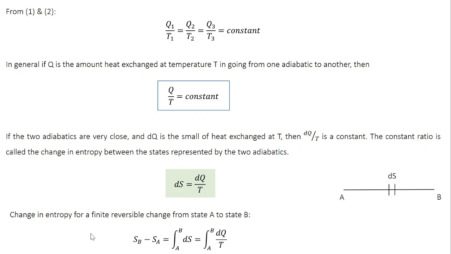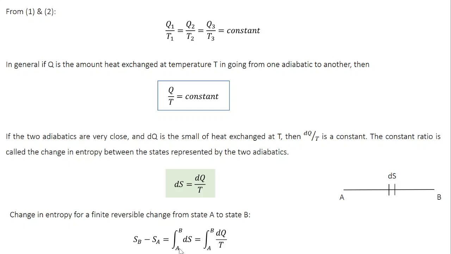Now, if you have a system which undergoes a finite reversible change from state A to state B, then the total change in entropy you can calculate as follows. Remember, entropy is a state function, so the total change in entropy depends only on the endpoints. I can write change in entropy equal to S_B, the final entropy, minus S_A, the initial entropy.